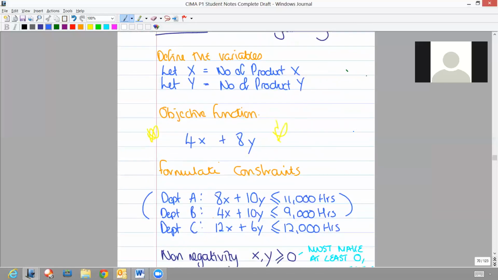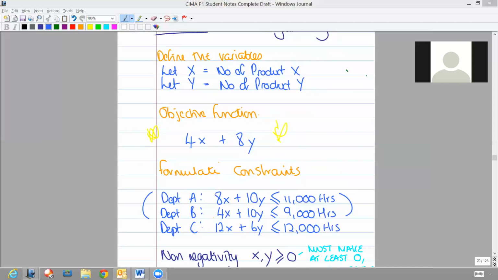So we define the variables, let x be and let y be. We stated our objective function, which is to show us the maximum that we can earn in terms of contribution.